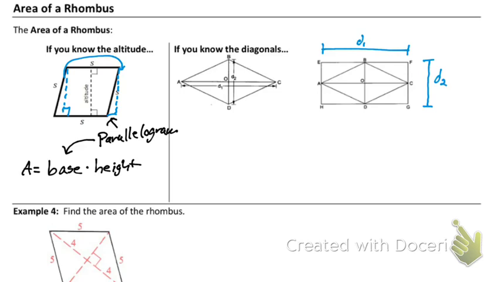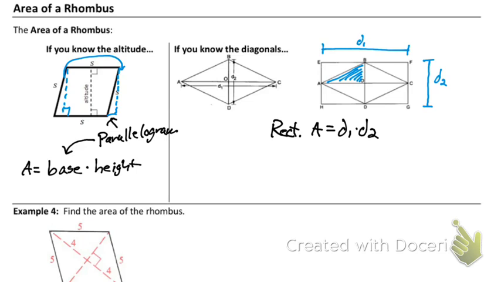So if I asked you for the area of the rectangle, it would equal diagonal 1 times diagonal 2. But the rhombus is smaller than this rectangle, and let's see how much smaller it is. If you look at just one of those little tiny rectangles, how much of this rectangle is taken up by this triangle? Yeah, half.